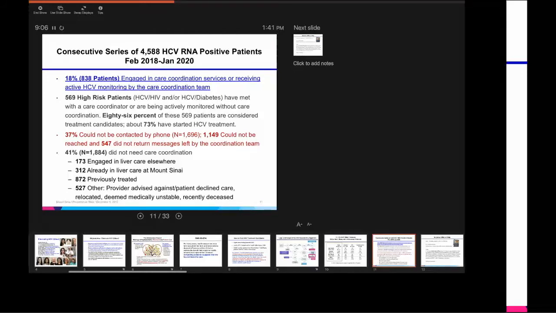One of the important problems that we encountered is that we could not contact patients by phone, almost 37%. And in some cases, unfortunately, we found out that patients had died, and we were unable to ascertain that from the algorithm that we were using to identify people who'd already died.